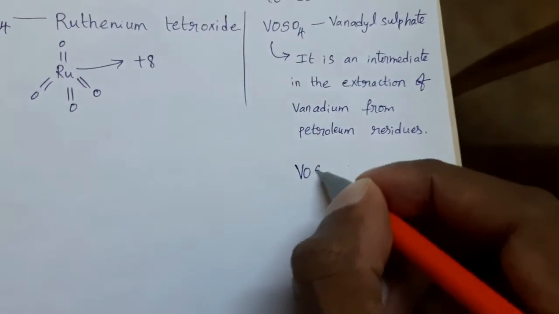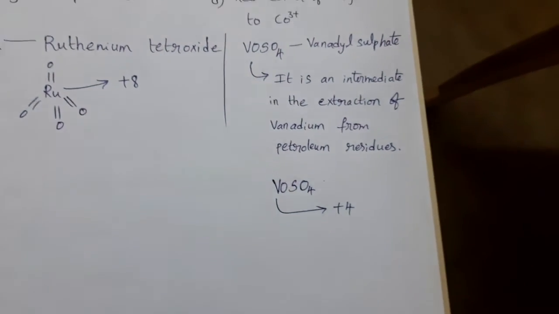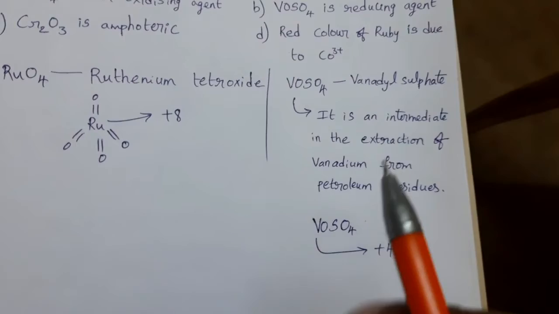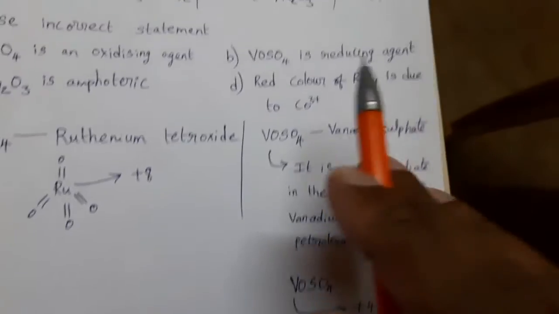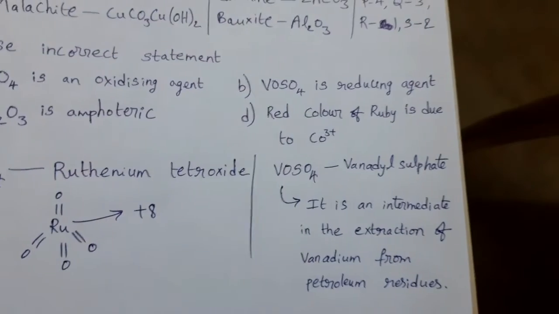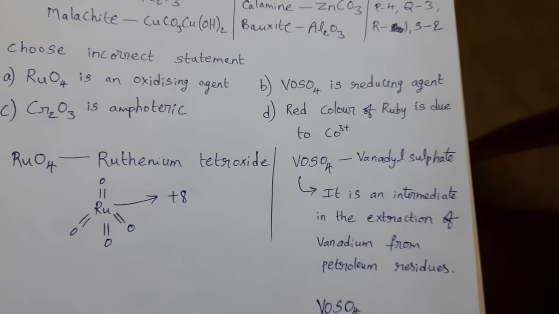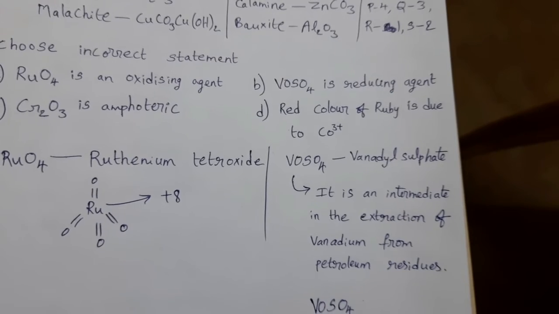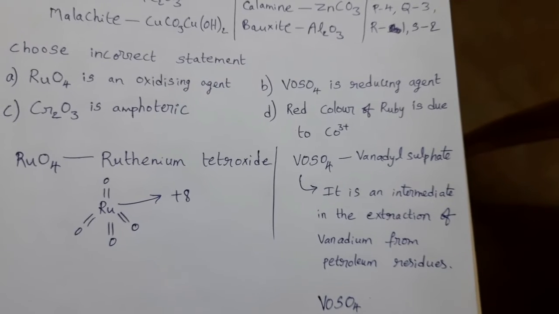Now, in this VOSO4, the oxidation state of vanadium is +4. If we know the oxidation state of the central atom, then we can decide whether it is an oxidizing agent or reducing agent. Here the statement is VOSO4 is a reducing agent. A reducing agent is a substance which decreases the oxidation state of another substance by donating electrons.